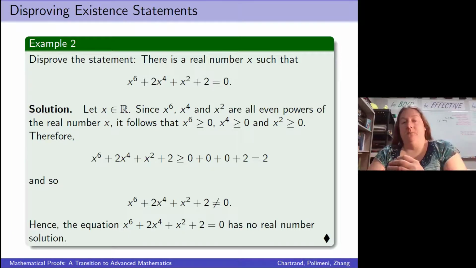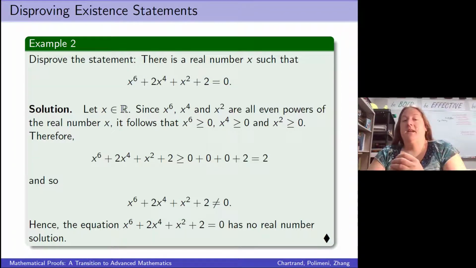So here's another example. There's a real number x such that x to the 6th plus 2x to the 4th plus x squared plus 2 equals 0. Now, hopefully, fairly quickly in your head, you're going, that doesn't work. And if you are, you're right. All right, so we're going to take any generic real number, x.